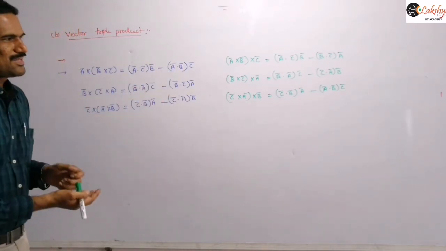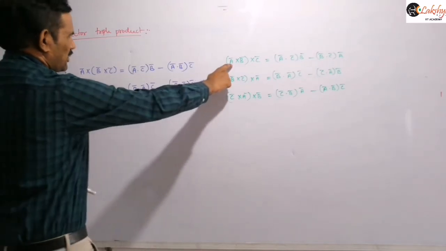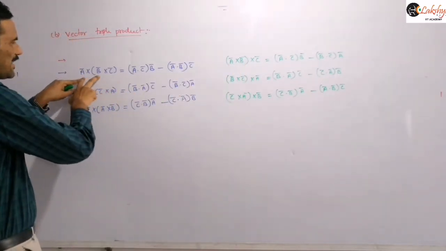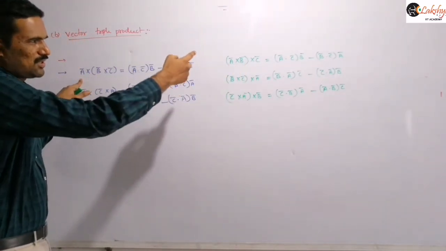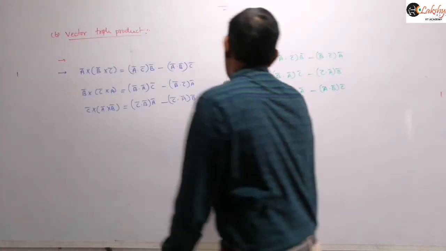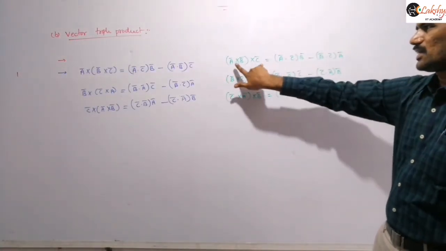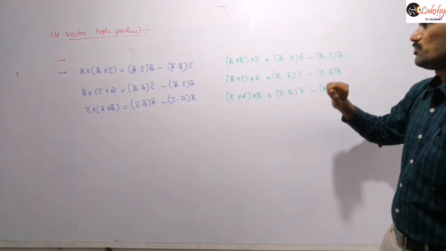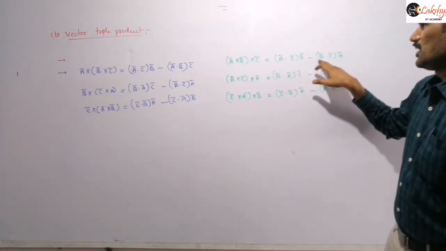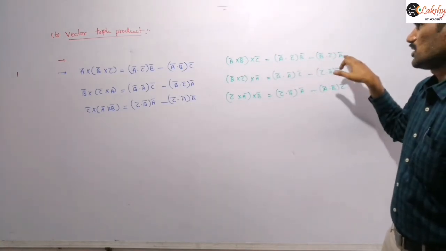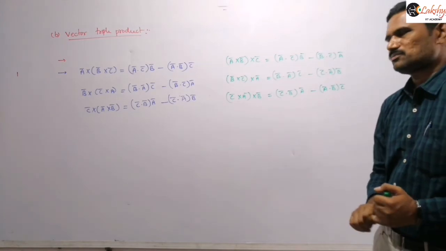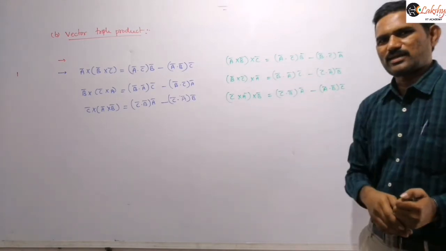Whereas if the order is given like (A bar cross B bar) cross C bar, then you need to write A bar dot C bar into B bar minus B bar dot C bar into A bar. So we need to write according to the order.